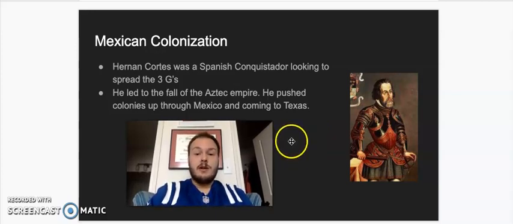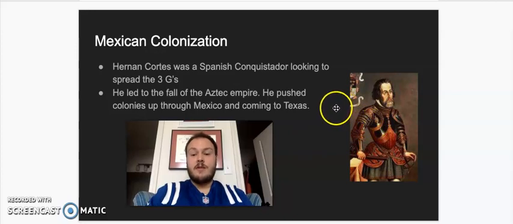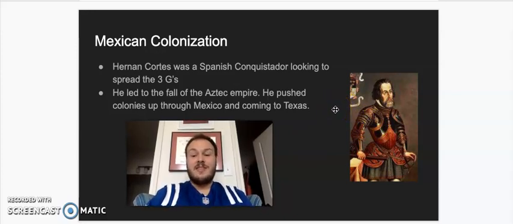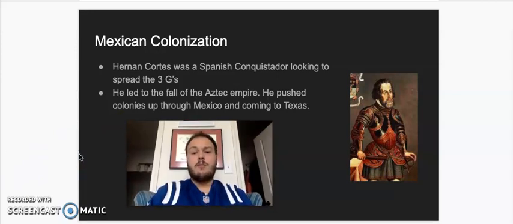They were killing Native Americans. They were doing all sorts of bad things, but it is part of the South American history and part of the reason that the Spanish culture is so prominent down in that part of the world. But that's the main takeaways I want you to have about Mexican colonization for now. Whenever we talk a little bit about Texas history, we'll see how this really comes into play.